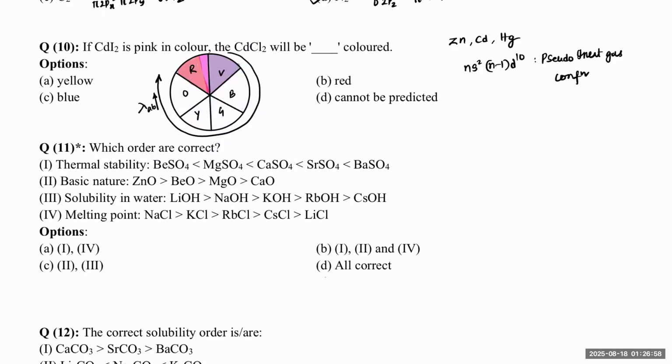Okay, clear everybody? So one thing is for sure, it cannot give blue. So it could have been either red or yellow. But since this is a pseudo inert gas configuration and since the electron may not be excited, we cannot predict the exact color. So here the answer is D.